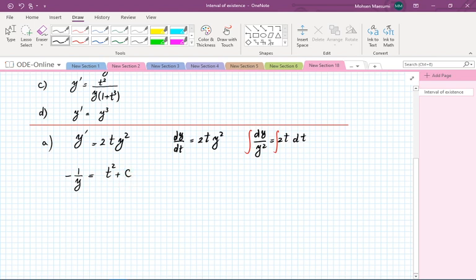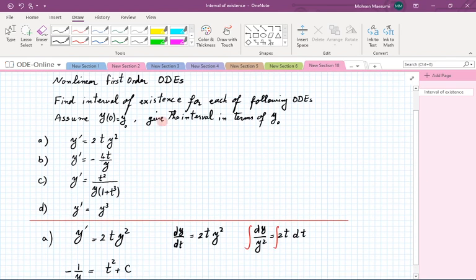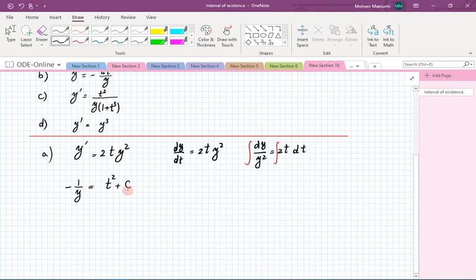C is some constant. Now in all of these problems we are expected to give our final answer in terms of the initial condition. So let's enforce our initial condition, meaning let's figure out what this constant is going to be if they tell us that at 0 our graph is supposed to pass through y0. So when t is set equal to 0, y should be equal to y0.